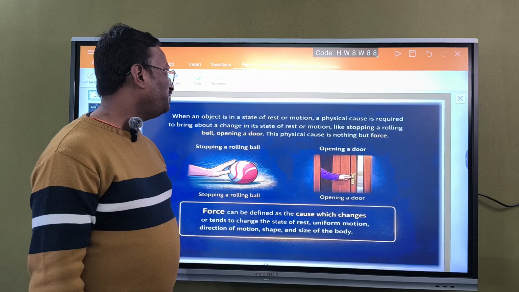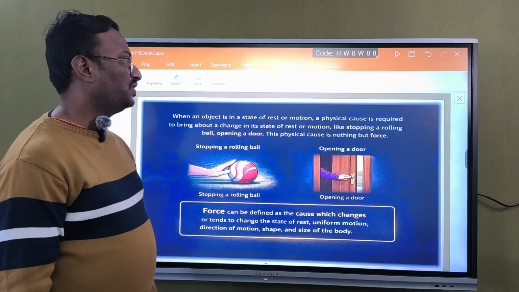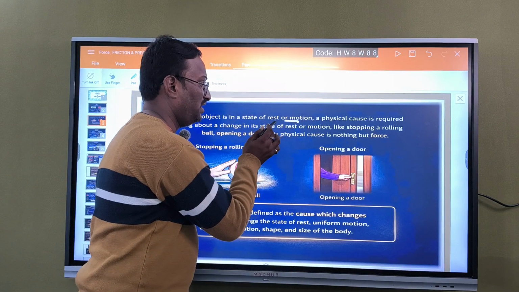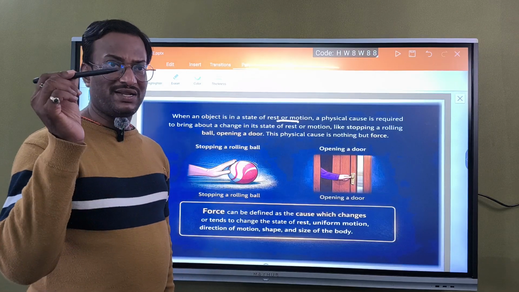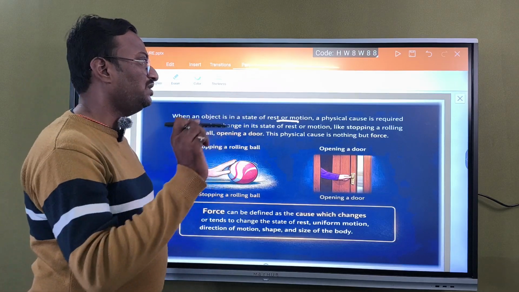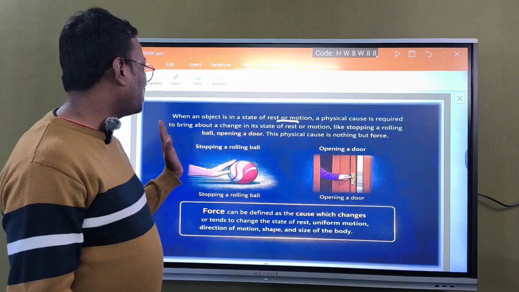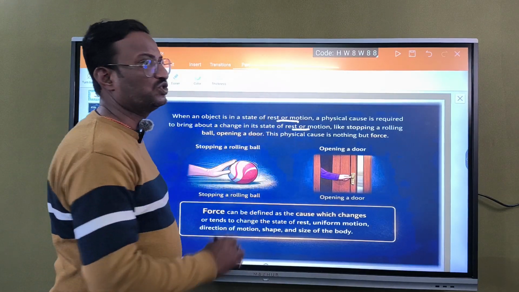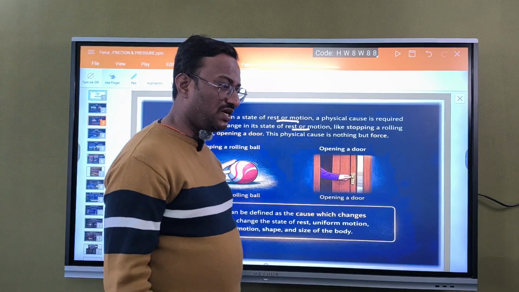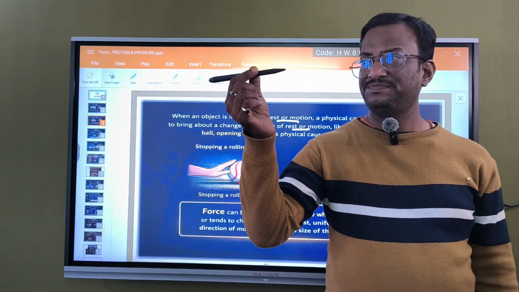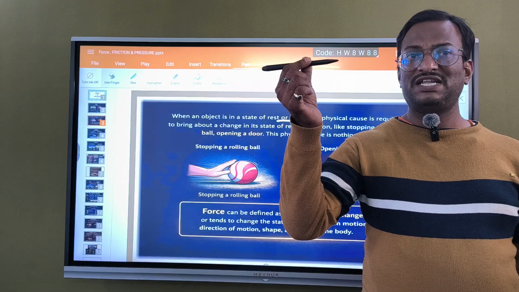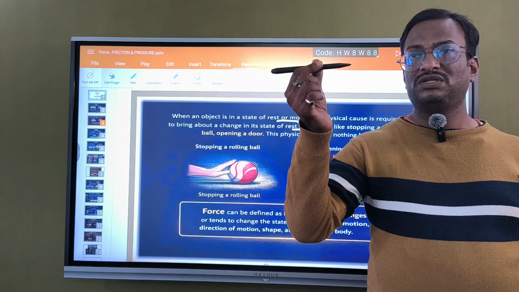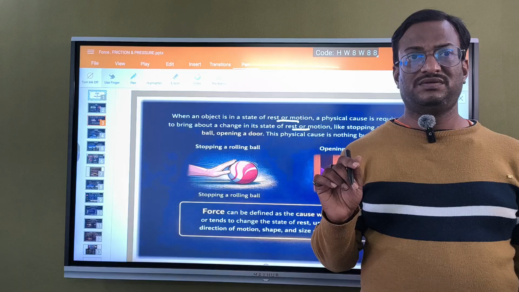Next thing, when an object is in a state of rest or motion, suppose children, the object may be at rest or in motion, a physical cause is required to bring about a change in its state of rest or motion. Suppose this body is at rest now, right? And you consider one more scenario, the bus is moving.